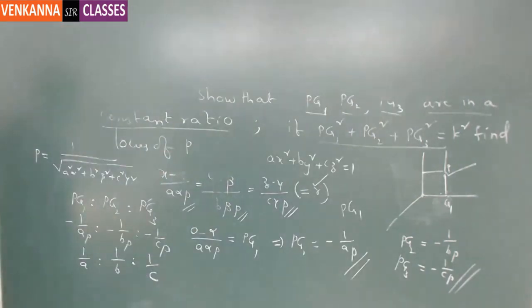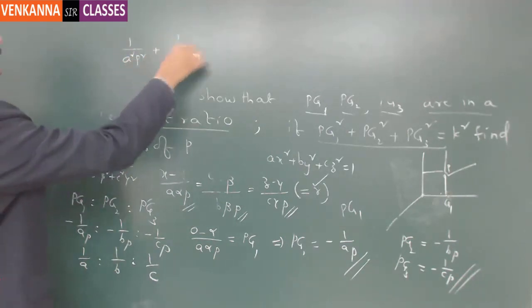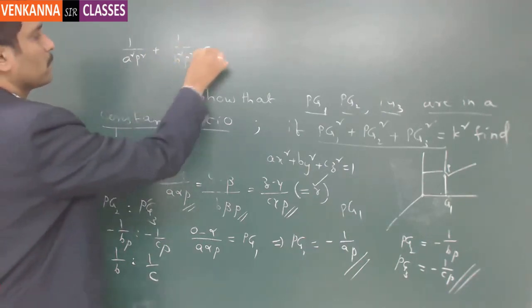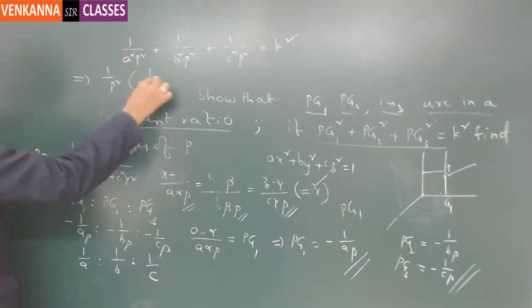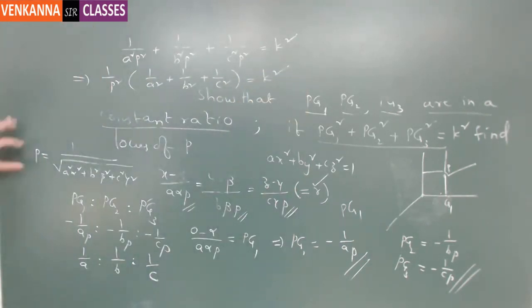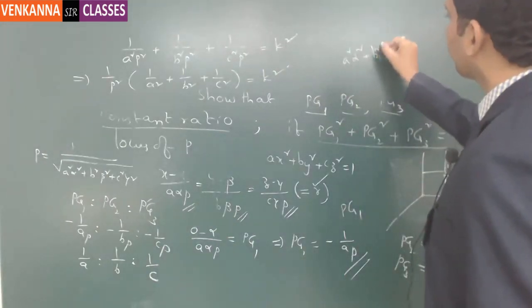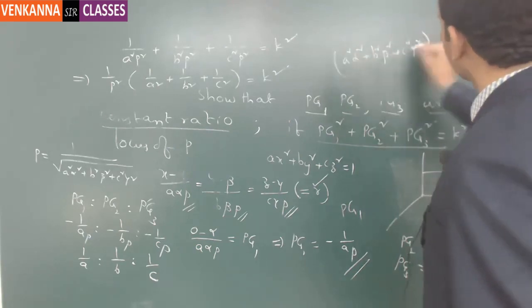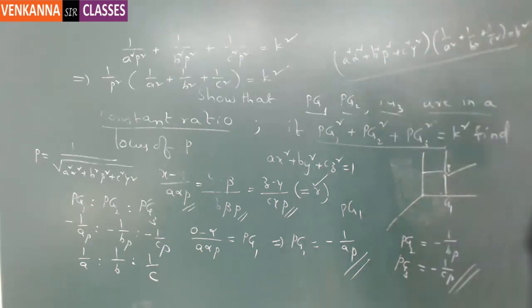Substituting these values there, you got the value as, so this implies 1 by p square into, and now if you substitute the value of p there, you will get the required locus. Substituting the p value, you have, so this is the locus of the point P (alpha, beta, gamma).